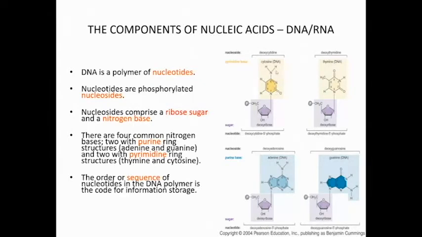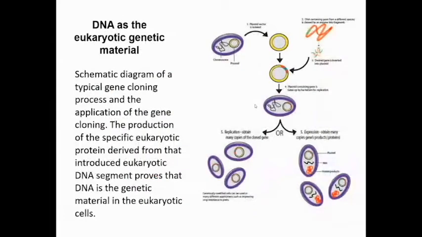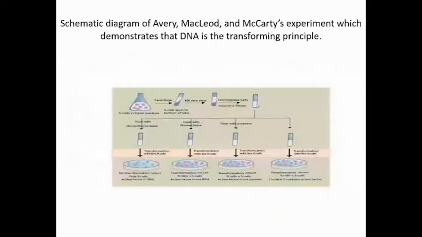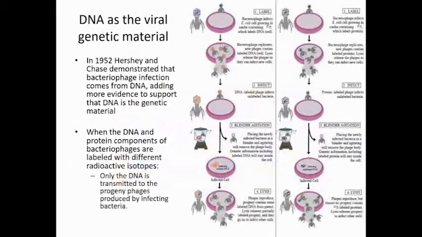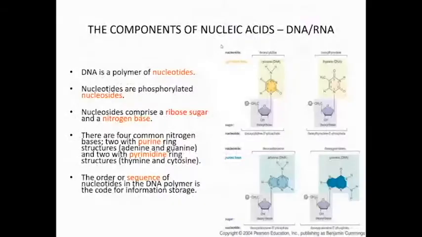So the nucleoside has a nitrogenous base and sugar, and if this one is phosphorylated, that means you add a phosphate group here, and that becomes the nucleotide. And this is the reason why we have this P32, because of this phosphate group here.